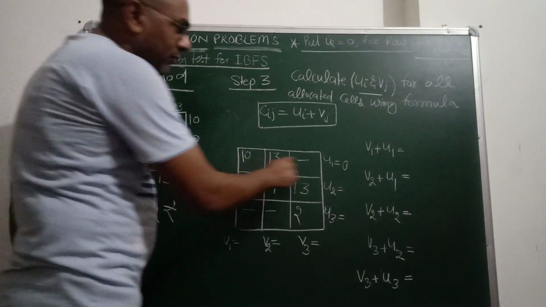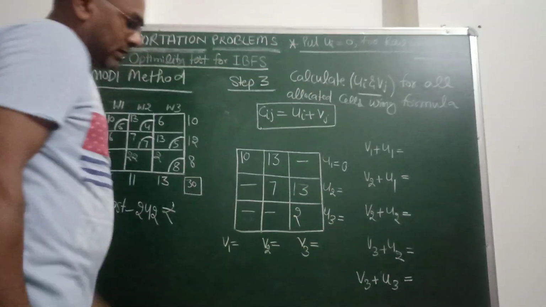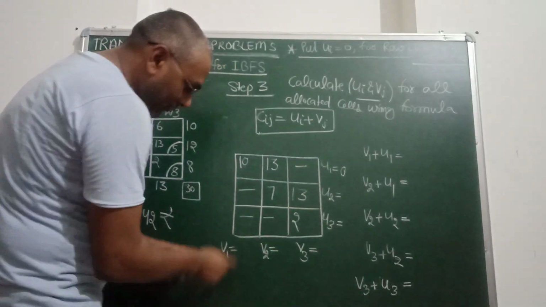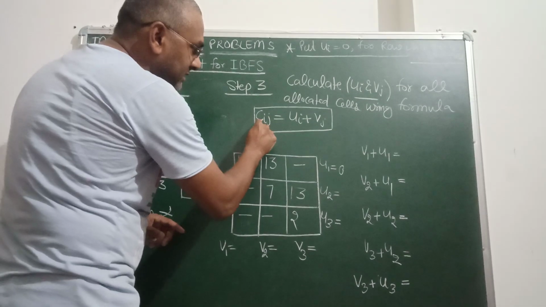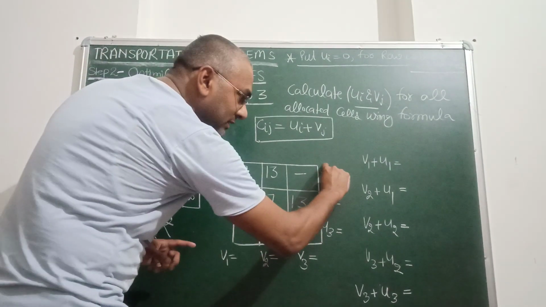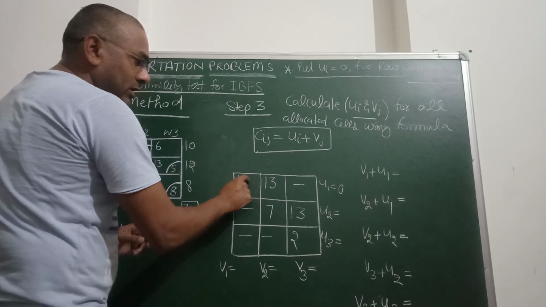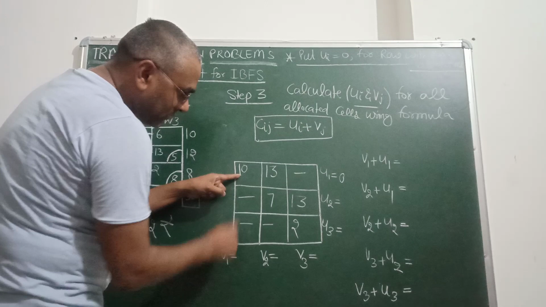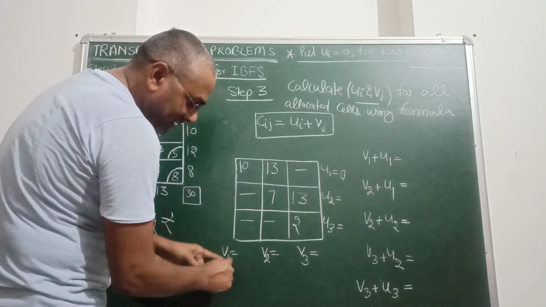Now how can we find the values of the remaining unknown quantities? Let us use simple formulas. The formula is Cij is equal to ui plus vj. Now the sum of u1 and v1 will be equal to this one; this is c11, this is u1 and this is v1.